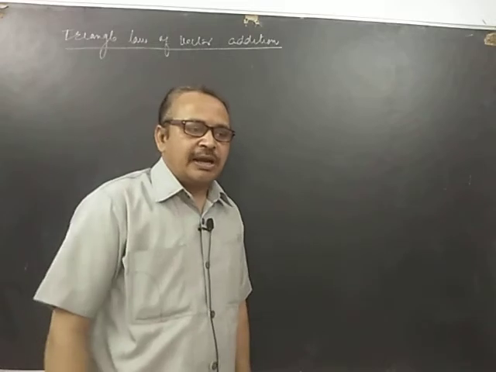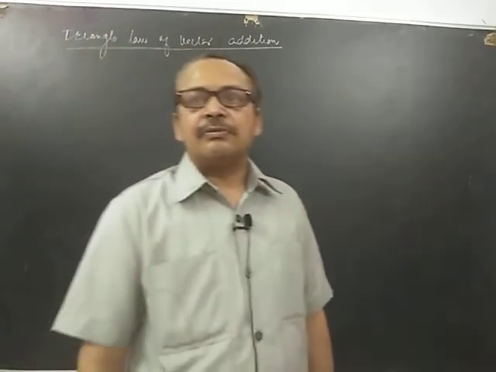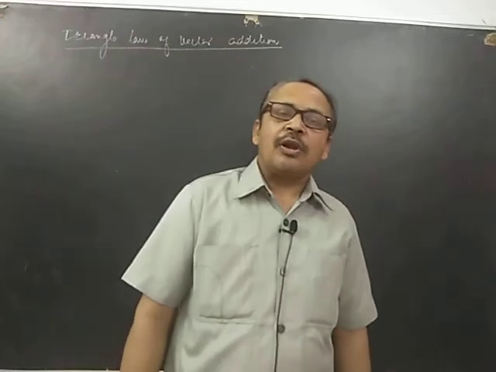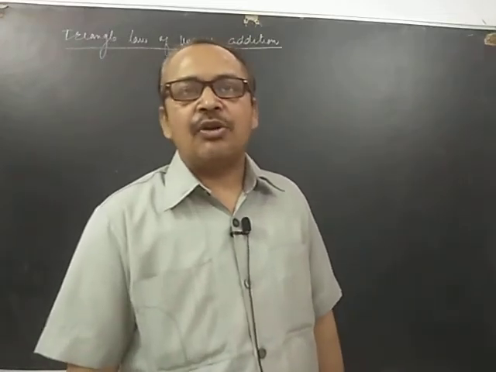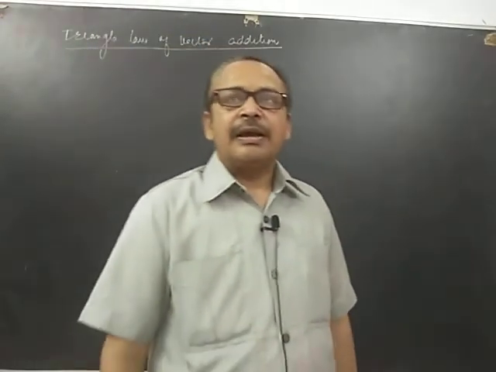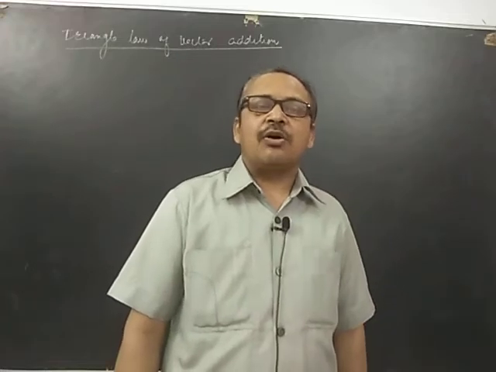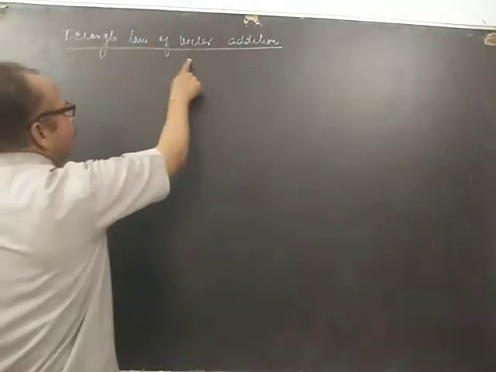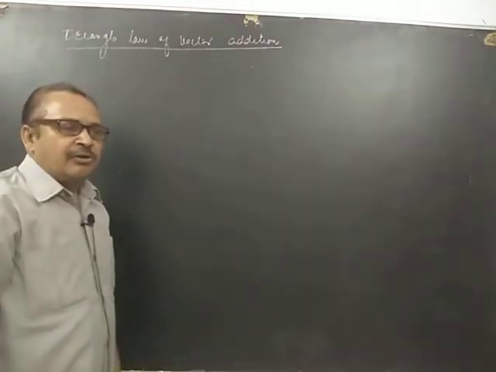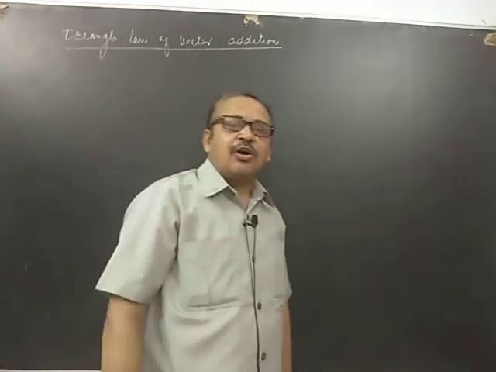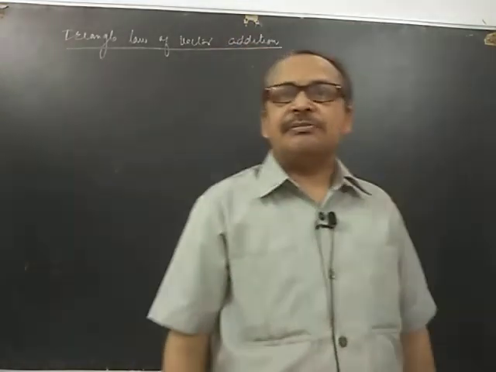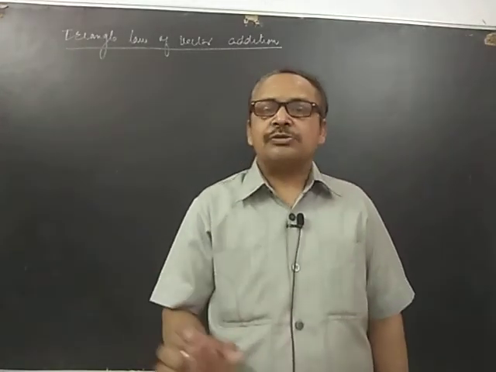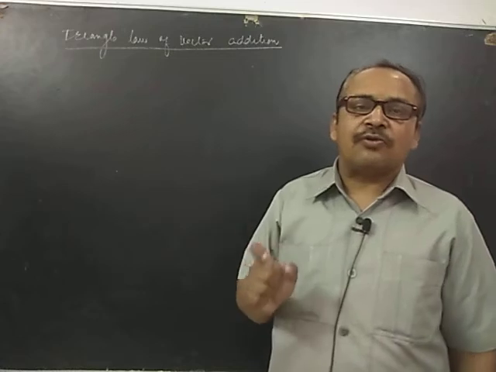So, in order to add various vector quantities, we actually follow what we call the various laws of addition, and one of them is called the triangle law of vector addition. Now, before we start the triangle law of vector addition, it is very important that it should be understood what is the triangle law of vector addition.